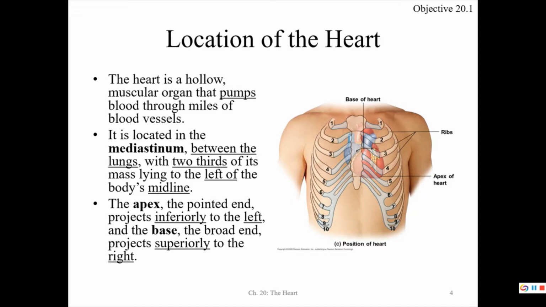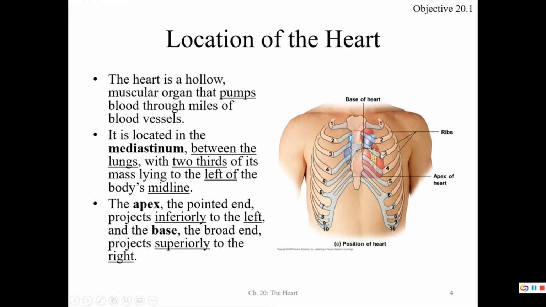Well, here the heart is going to have two-thirds of its mass to the left of midline. If we imagine a line going right down the middle, along the sternum, two-thirds of the heart is to the left of that.